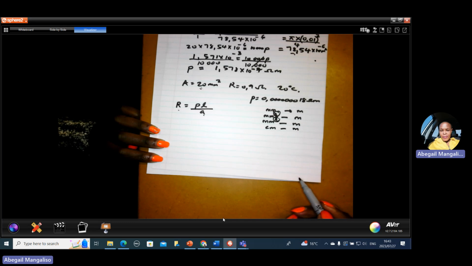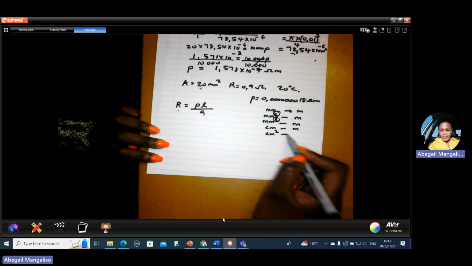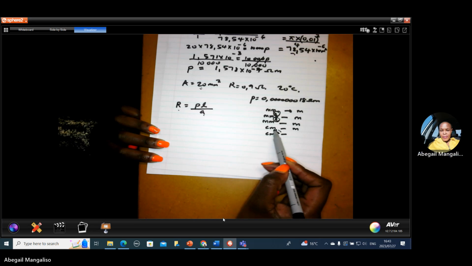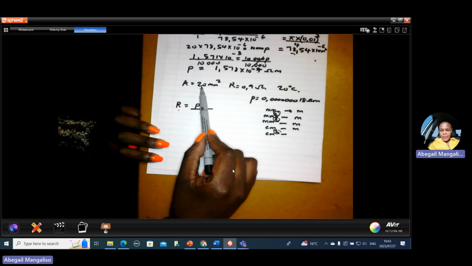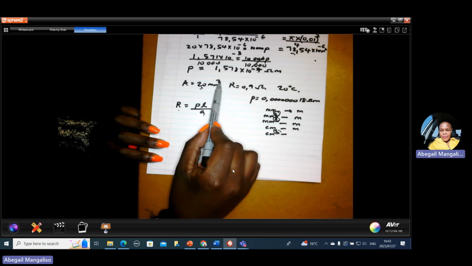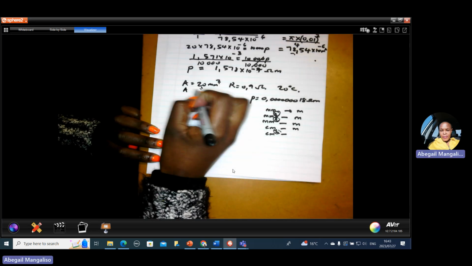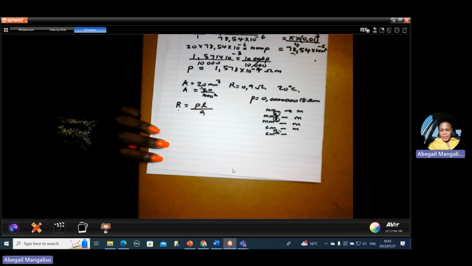Is division by 100. But when it is centimeter squared, it will be division by 100 squared. This exponent also applies. So this area is 20 divided by 1,000 squared because it's millimeter squared.